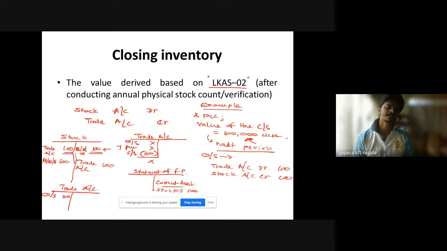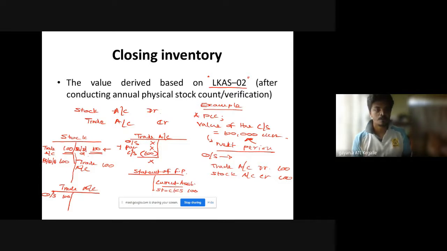Then at the end of the period, again we need to physically evaluate our stocks according to the instructions provided through Lankan Standard 2. Then what is the double entry? We need to record stock account debit, as we did here.